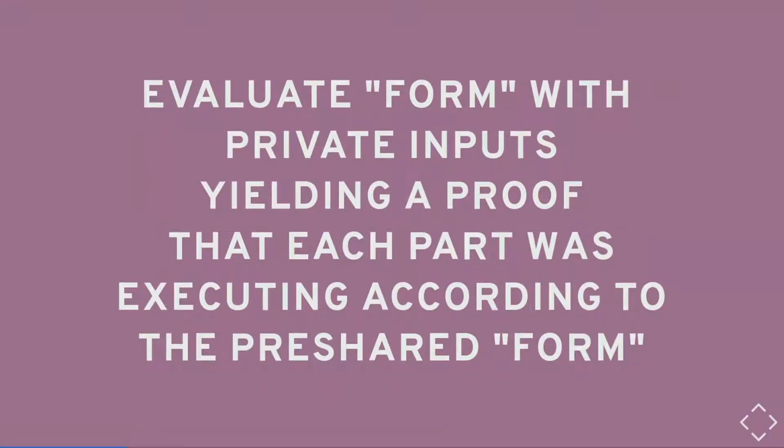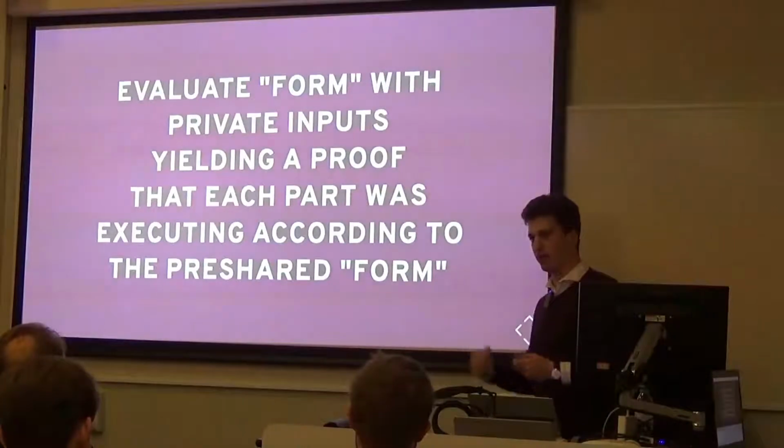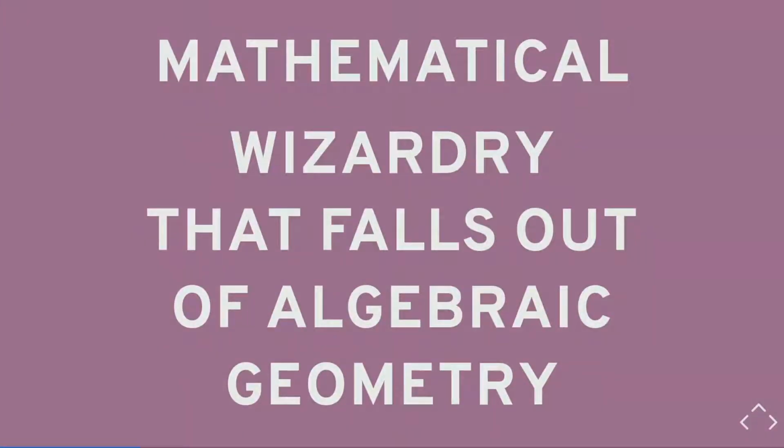So in the example previously, it would be Bob's W, and then yield a proof that each part of this form was executed according to the pre-shared form, which would be the function f, going back to the previous example. And then there's a bunch of mathematical wizardry that is really complicated that I'm not going to cover, but just makes it work.